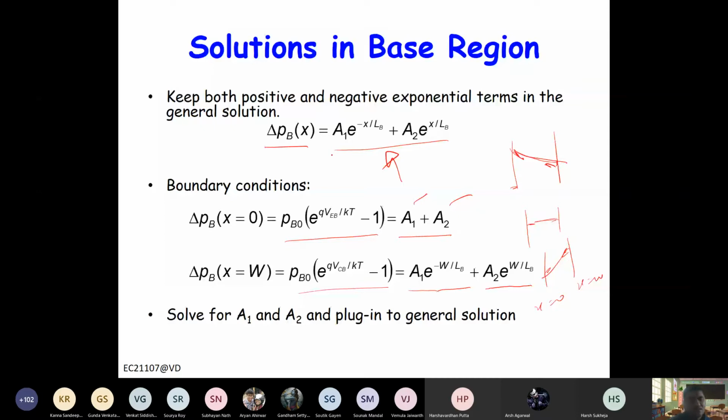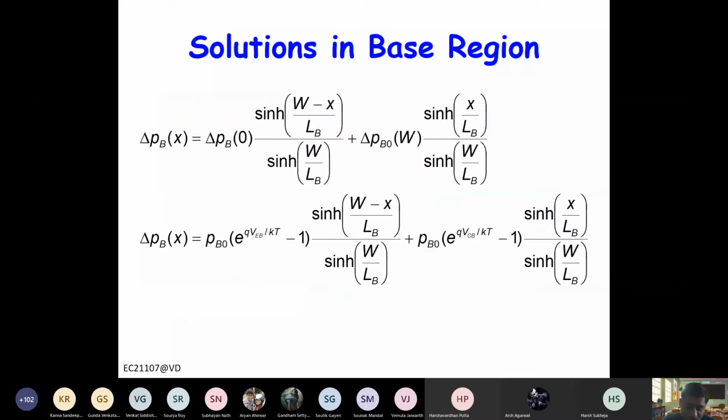Now this is very similar to the tutorial problem given to you, where you obtain the hyperbolic functions. So when you substitute, delta P will be PB naught, exponential Q VBE by KT minus 1, times sinh by sinh.